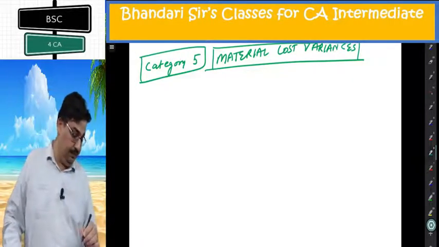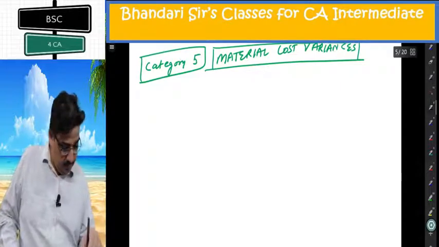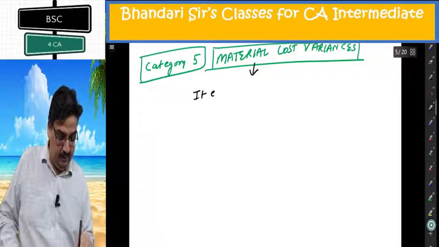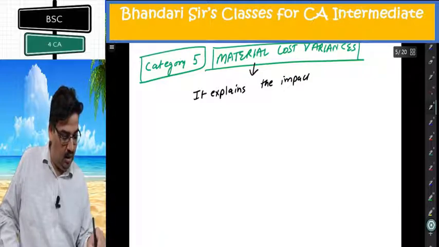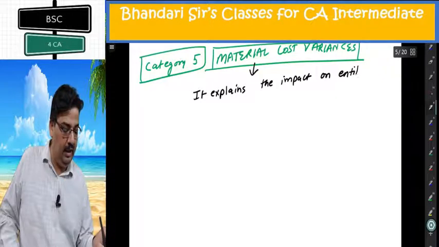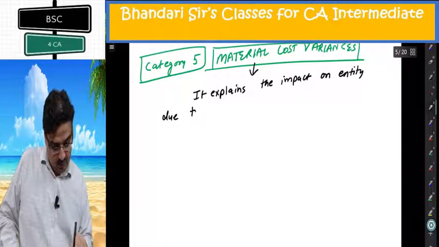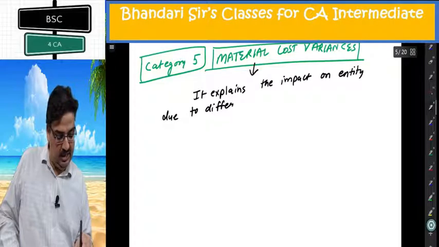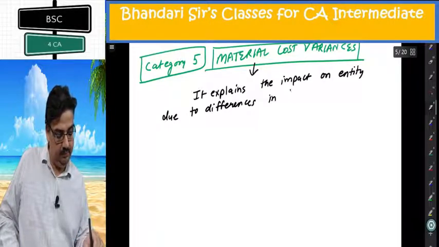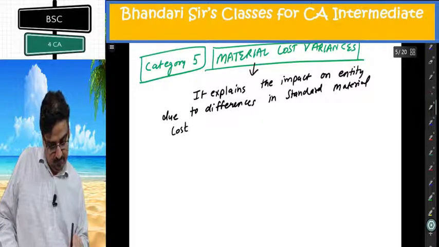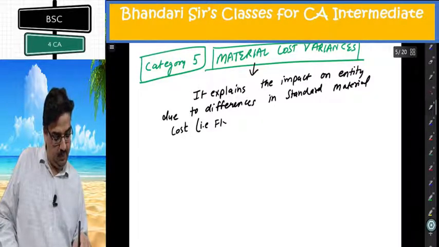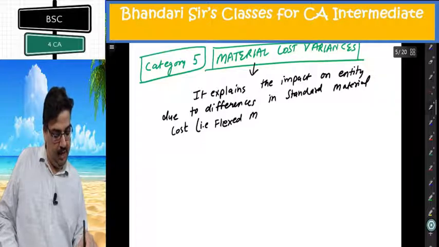So I am writing there. It explains the impact on entity due to differences in standard material cost, that is flexed material cost.